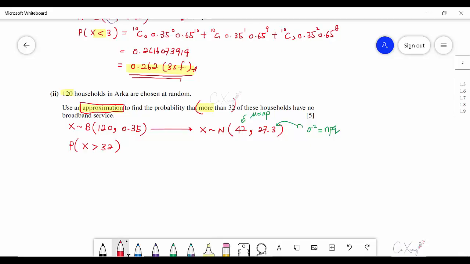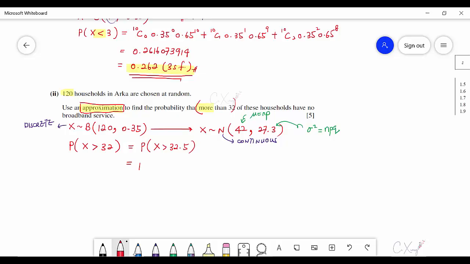Binomial is a discrete random variable and normal is a continuous random variable. When changing from discrete to continuous, you have to do continuity correction, which is either plus or minus 0.5. In our case it will be plus 0.5, which is 32.5.